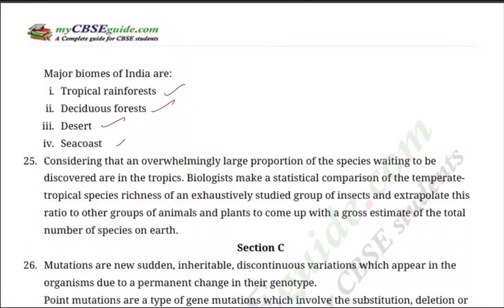Now question 25. How do scientists extrapolate the total number of species on Earth? Answer.